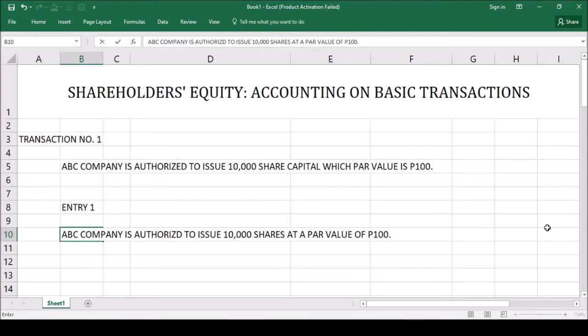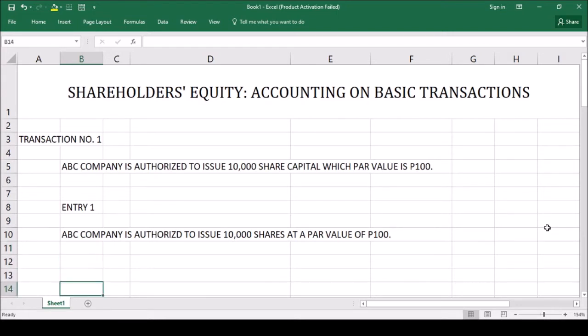That is a memorandum entry. It is very important that in your memorandum entry, you need to include the number of shares authorized to issue and the par value of the shares being issued. So this is our first entry using the memorandum entry method.